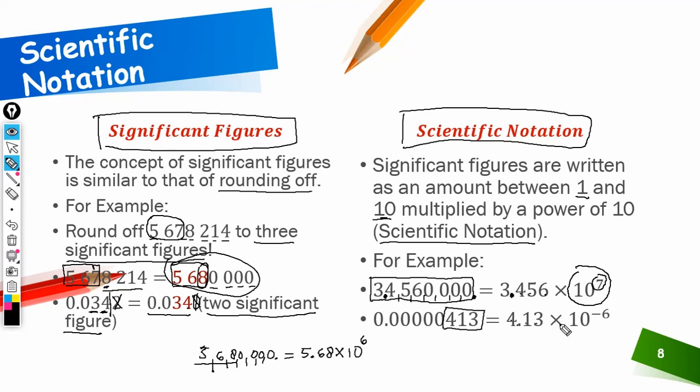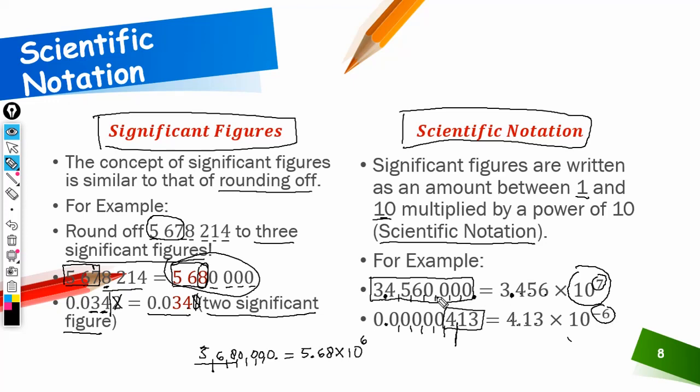Okay, so you count from here. This is the first point here. So 1, 2, 3, 4, 5, 6. Okay, so times 10 to the power of minus 6. So when you count back from here to here, the power is minus, so minus 6.